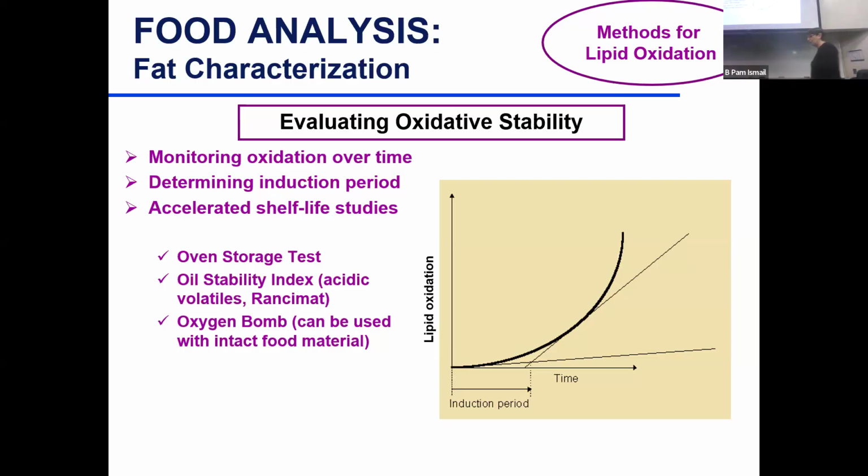It will take a long time for an experiment to be done. So oftentimes we use something called accelerated shelf life testing. It allows us to predict the shelf life by doing several experiments. But also in lipid oxidation specifically, we use accelerated shelf life testing to determine, or predict, something called the induction period.